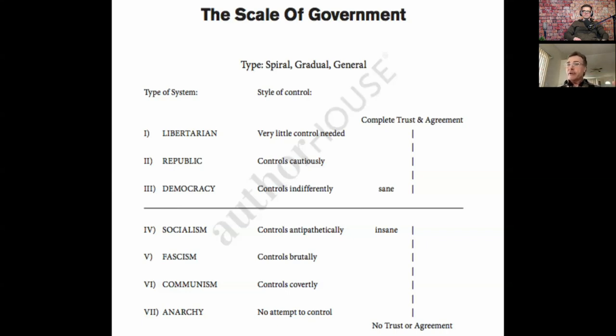And it stayed at level 3 until 1932. And then when the New Deal came in, you started having the transition into socialism, gradually, and it was completed in 1964, where America was now a socialist country.